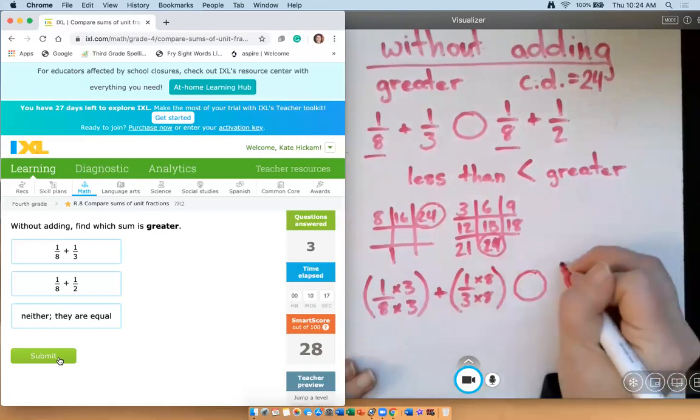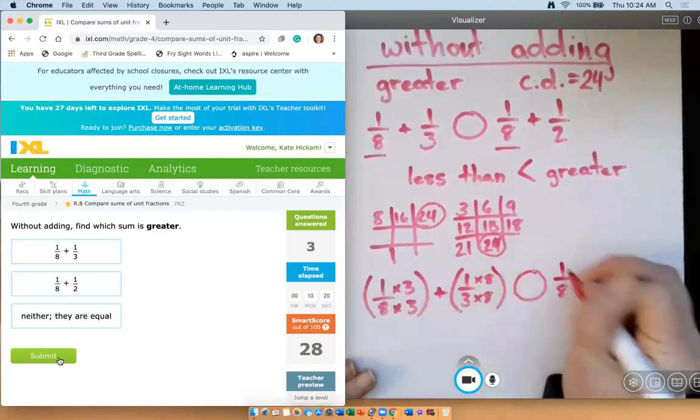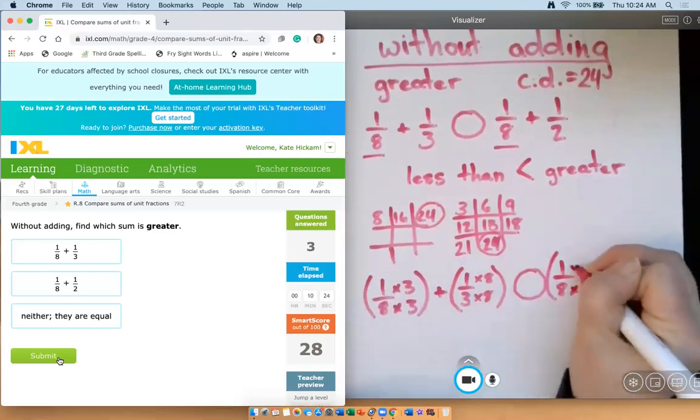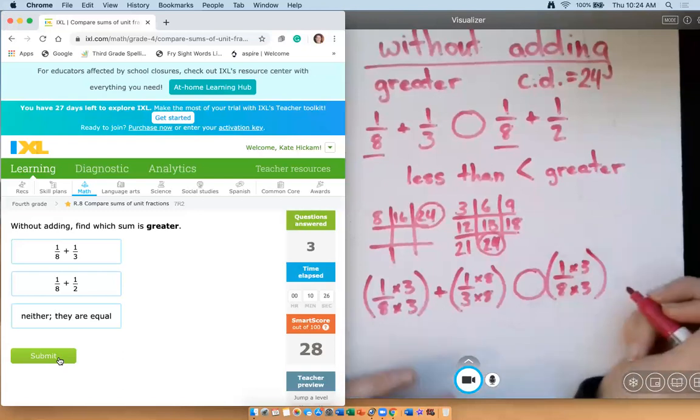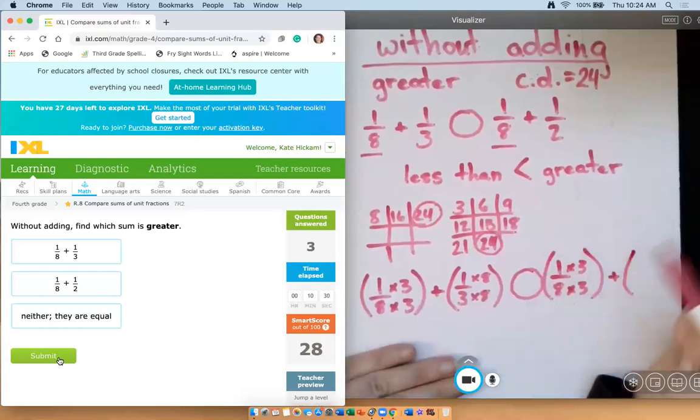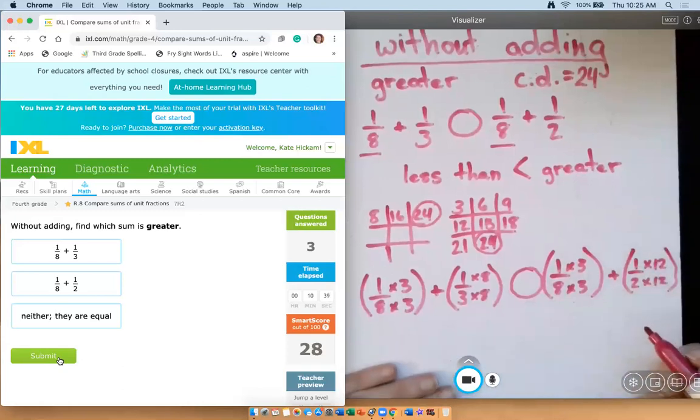Once again, I know what I'm going to be multiplying it by because I already have it over here. It makes my life way easier. And then plus 1/2 times 12. And you might get scared when you see times 12, but you got to realize that you're just getting that common denominator.